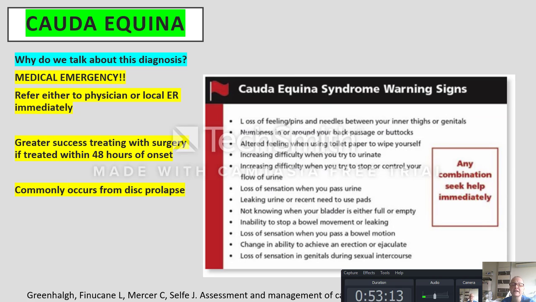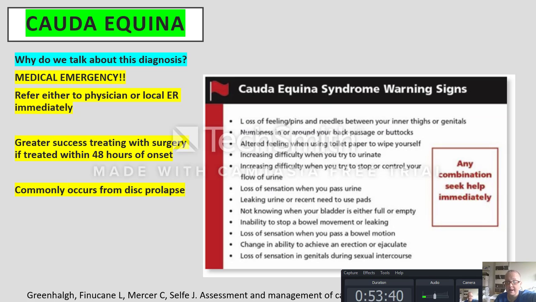Increasing difficulty when you try to urinate. Increasing difficulty when you try to stop or control your flow of urine. Loss of sensation when you pass urine. Leaking urine or recent need to use pads.